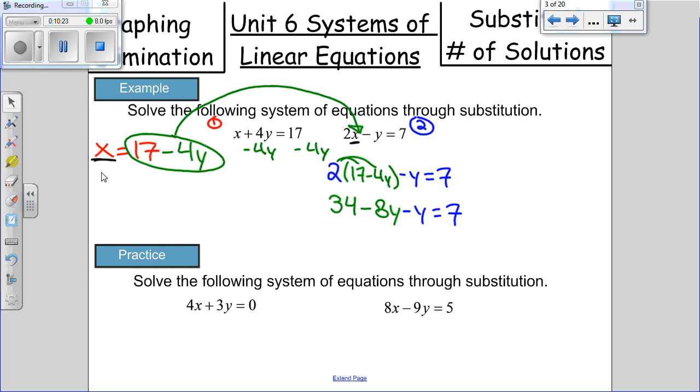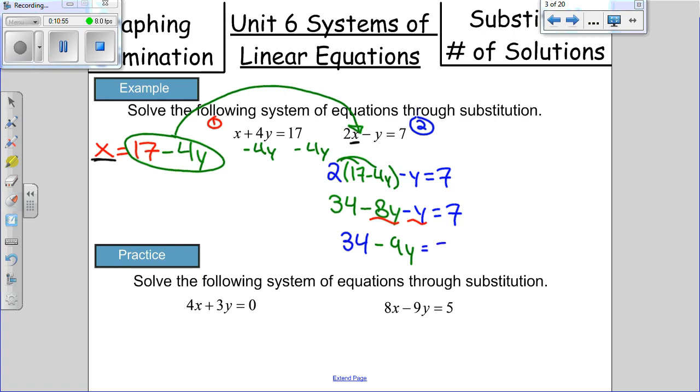The second step is collect any like terms you might have. If you look, I have some like terms right here. That means those things can combine. My 34 is going to stay the way it is, 34. My negative 8y minus 1y would be minus 9y, equals 7.